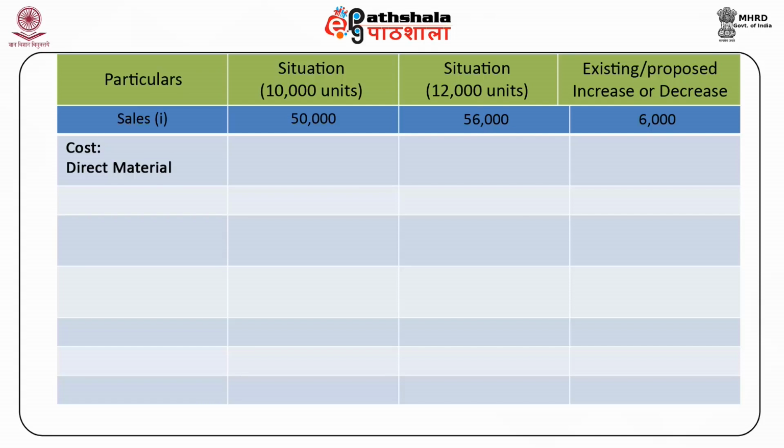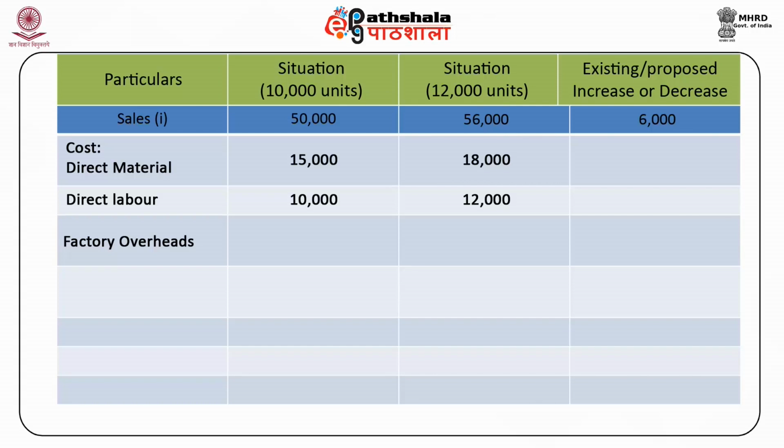Direct material cost would be 12,000 multiplied by 1.5, that is rupees 18,000. Direct labor cost would be 12,000 multiplied by 1, that is rupees 12,000.